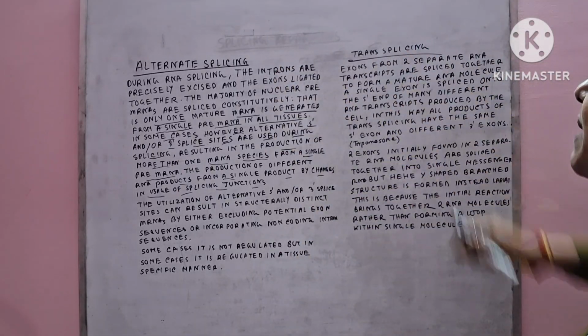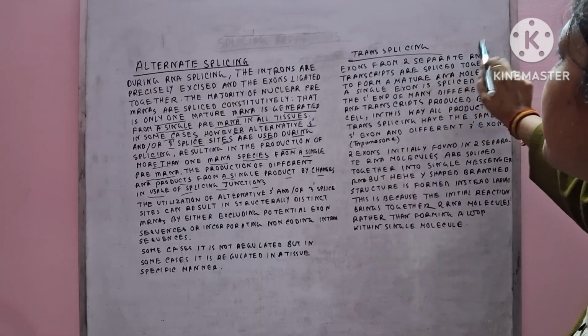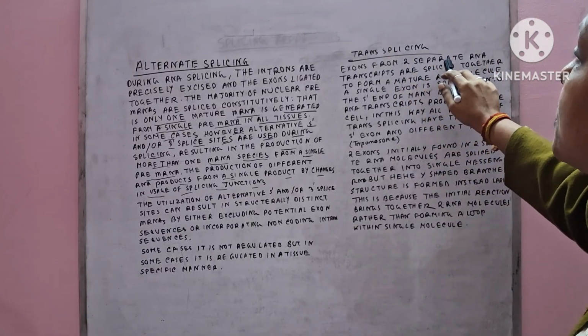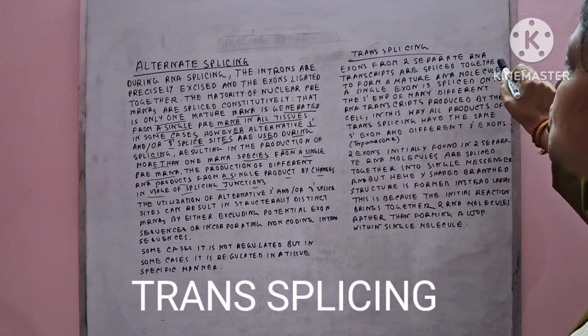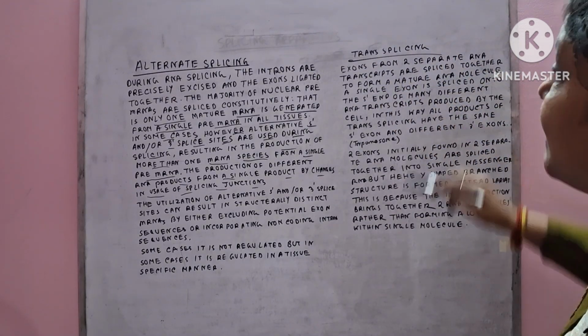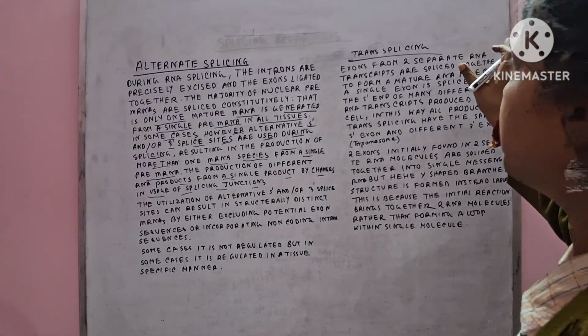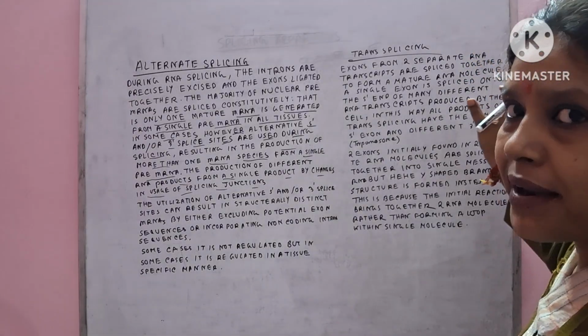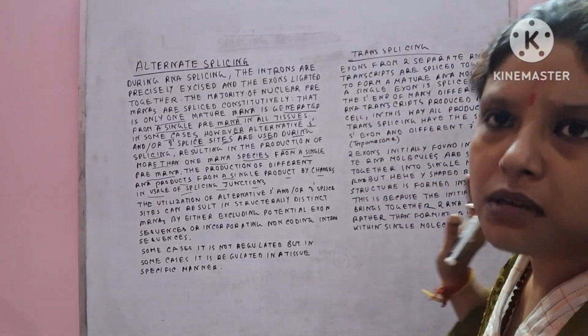What is trans splicing? Trans splicing is when exons from two separate RNA transcripts are spliced together to form a mature RNA molecule. That means two RNAs are involved here, and exons from the two RNAs are added to form a full mature RNA.